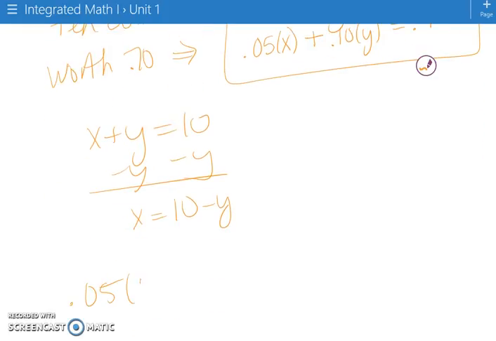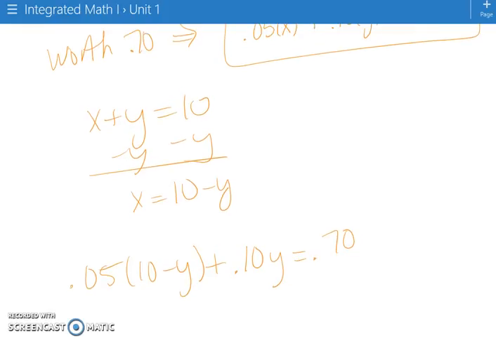0.05 times (10 minus y) plus 0.10y equals 0.70. So I get 0.05 times 10, which is 0.50, minus 0.05y plus 0.10y equals 0.70. I can combine those two, right?